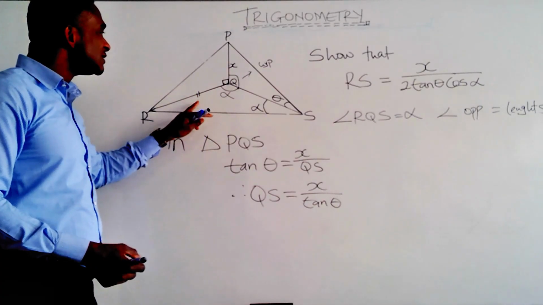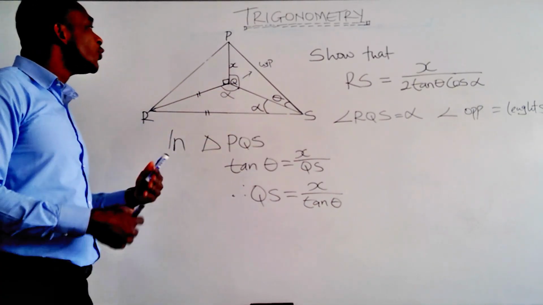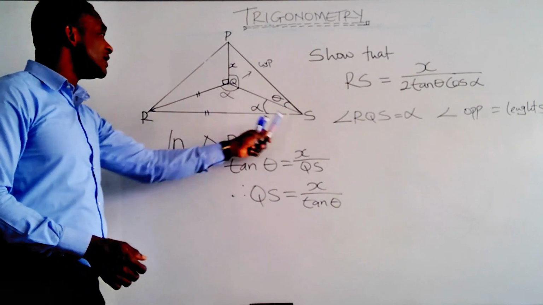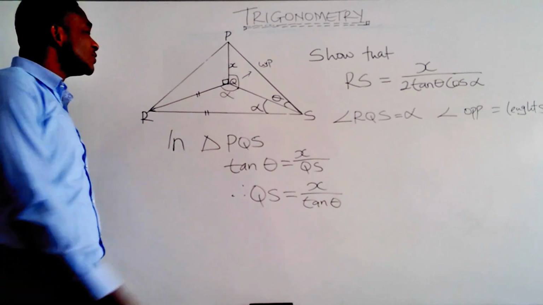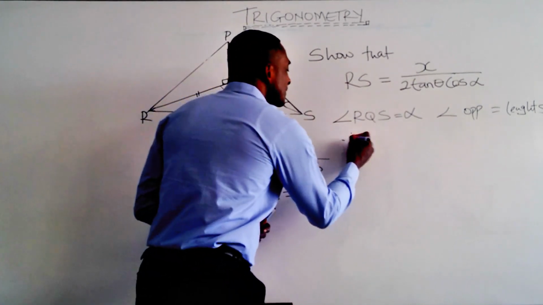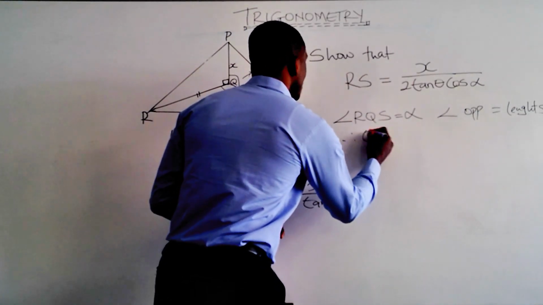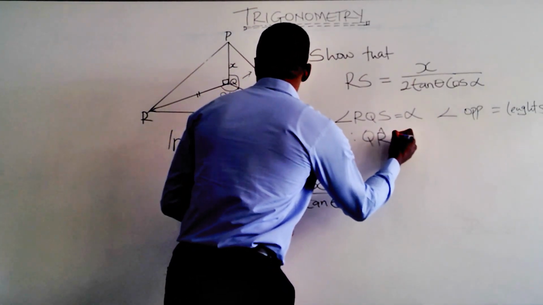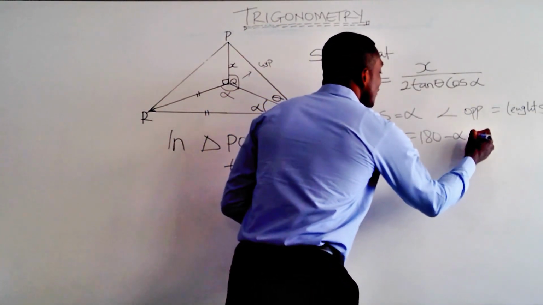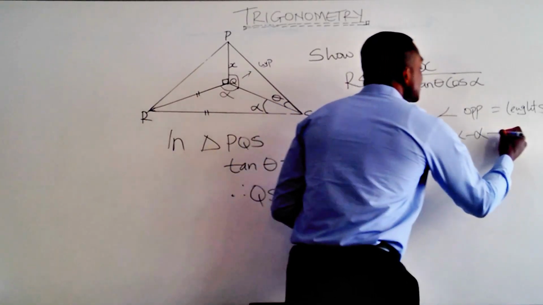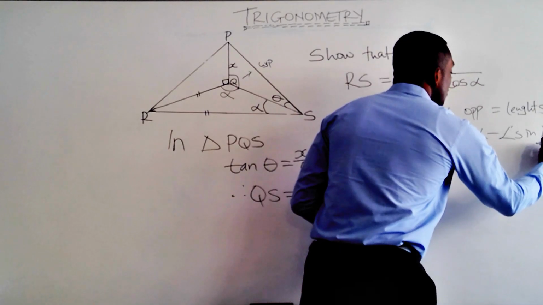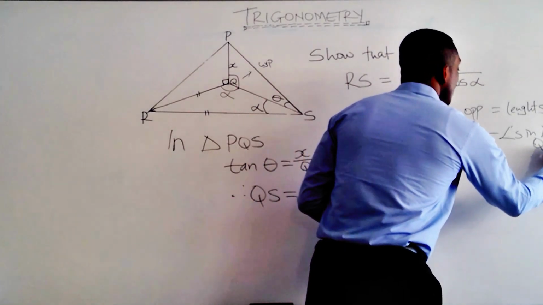So with this, we have two angles here. We don't know the length of the side, but we've gotten the length of this. So we can use sine rule to work around RS. We can use sine rule because we have QS, we can also get R. Therefore, you can say that our angle QRS will be 180 minus alpha minus alpha. Our reason is sum of angles in triangle QRS.